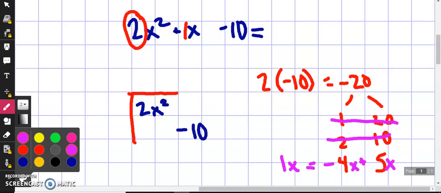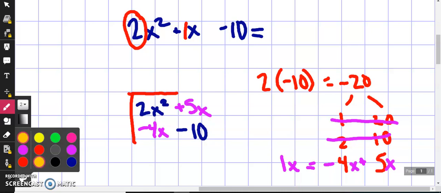So that's how I can tell which sign is supposed to be positive and which number is supposed to be negative. And again, I'm just going to take those two and fill in the missing spots. So I need minus 4x and plus 5x. So double checking, 5 minus 4 gives me 1, so everything looks good.